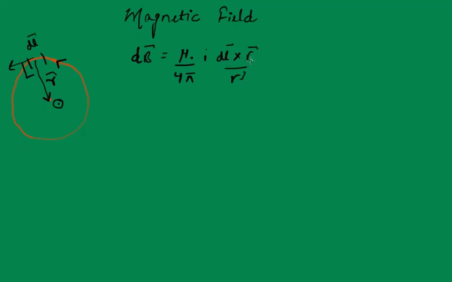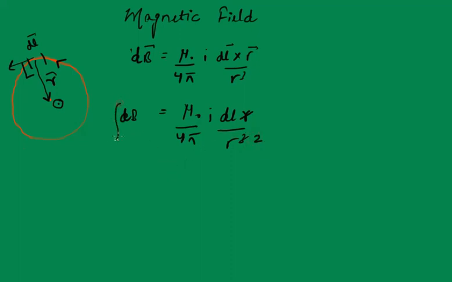So you will just have dl r. So the magnitude of this magnetic field, dB, will become μ₀/4π I dl into r by r cubed. So r cubed will cancel, so you will have r squared.